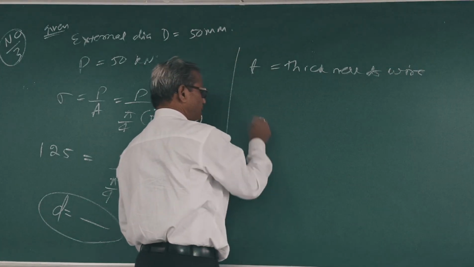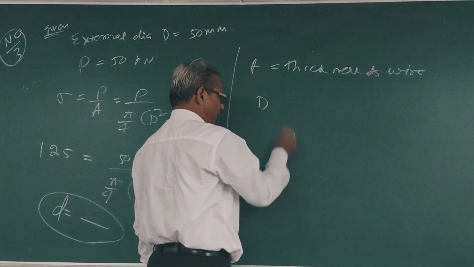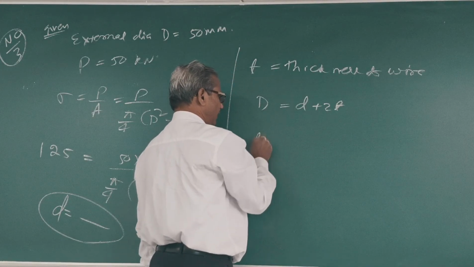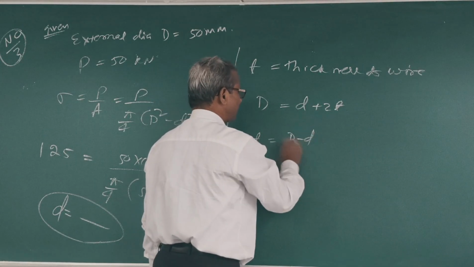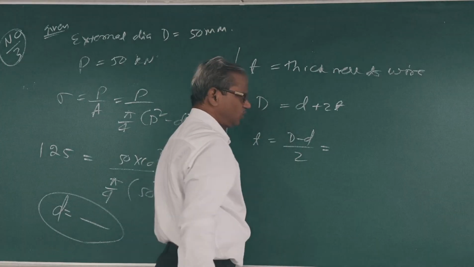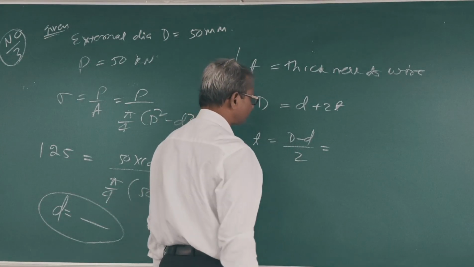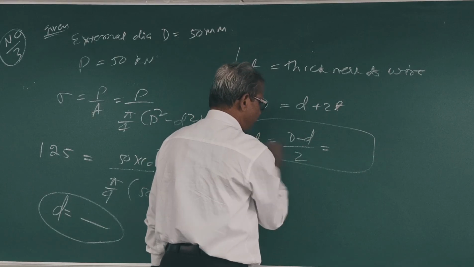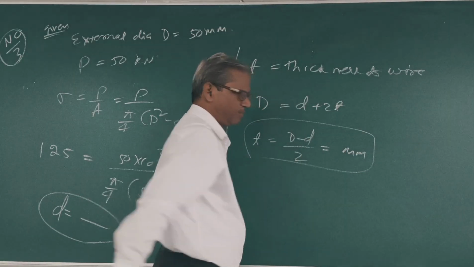Now from the figure, capital D is equal to small d plus 2T. Clear? So T is equal to capital D minus small d by 2. Find the answer. This is in mm.